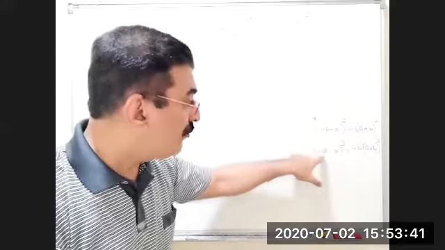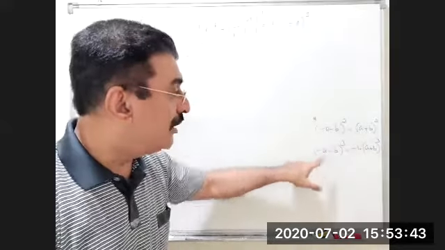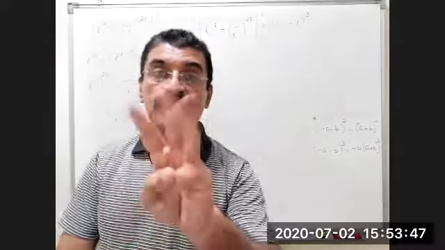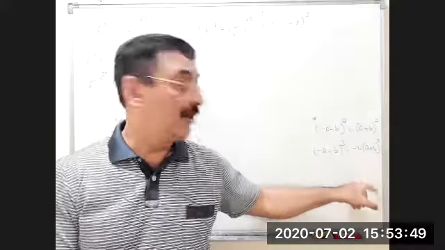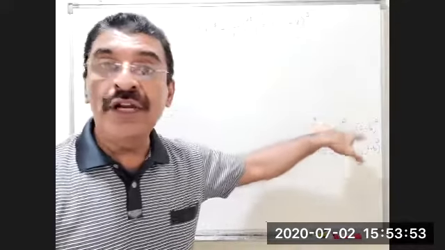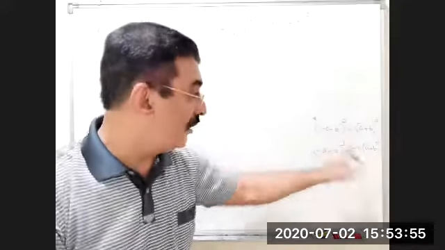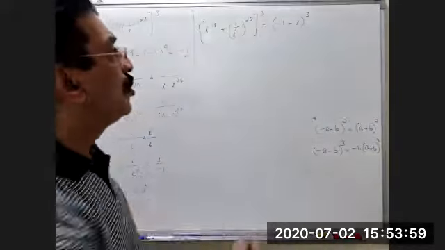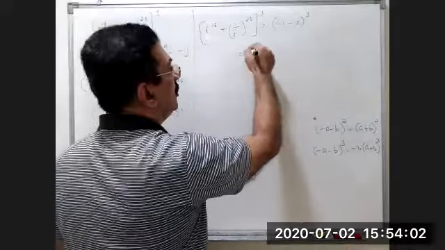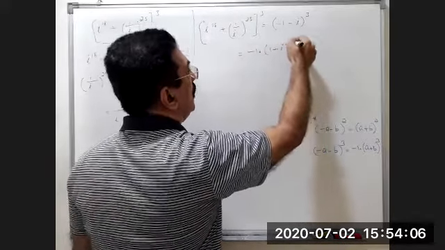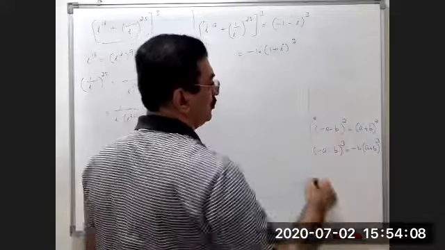Whereas here, if you are taking minus 1 out, that will be minus 1 cube, and minus 1 multiplied 3 times is minus 1. So for all even powers, it is the same, whereas for odd powers, negative. That means minus 1 the whole cube can be written as minus 1 into 1 plus i the whole cube.